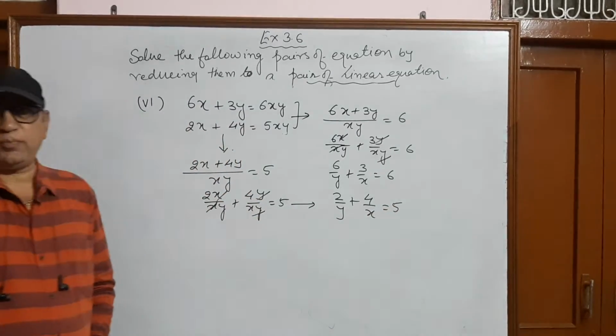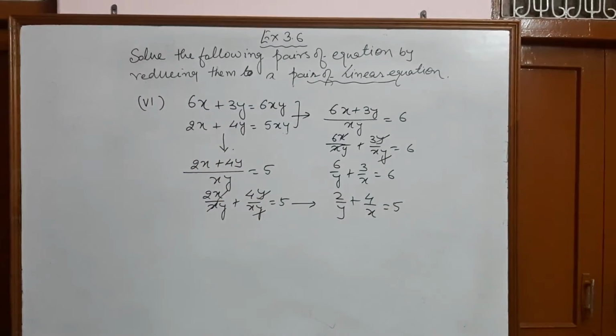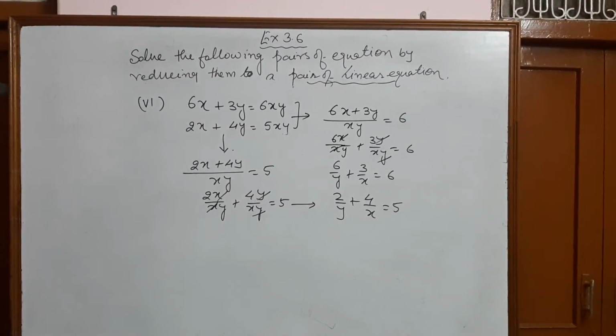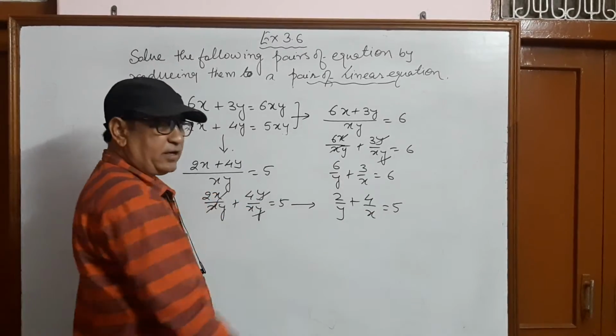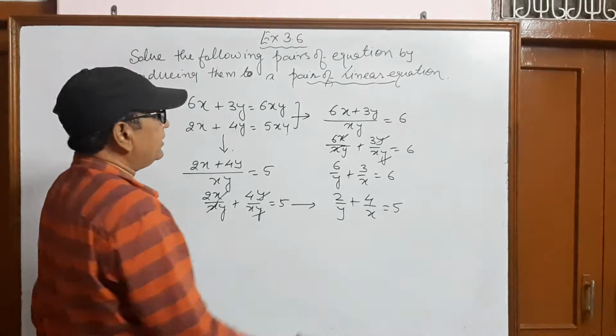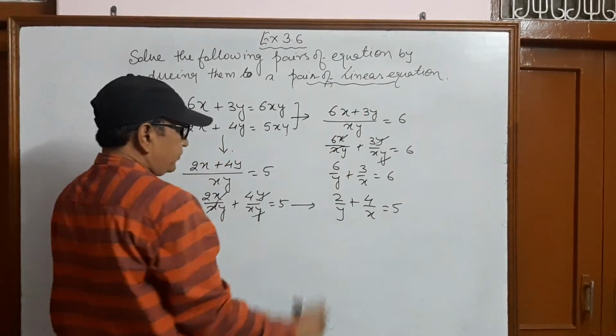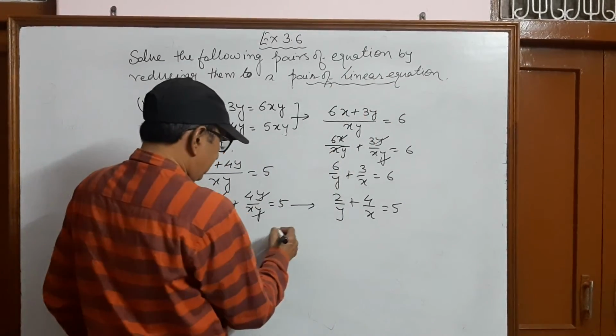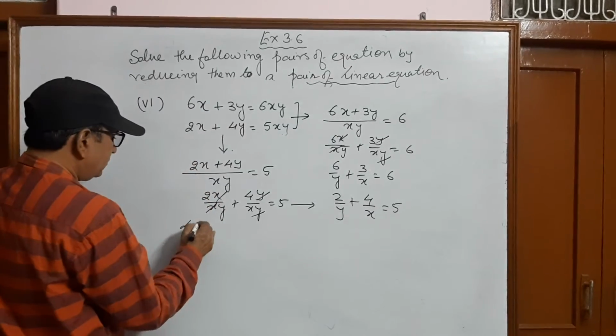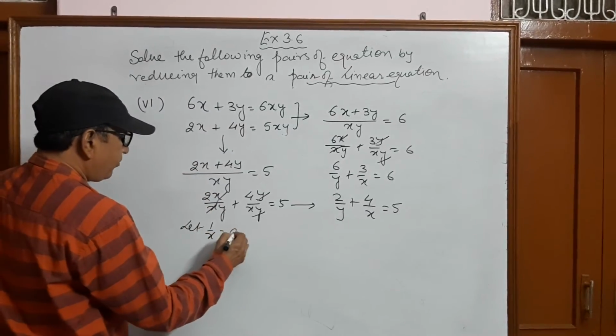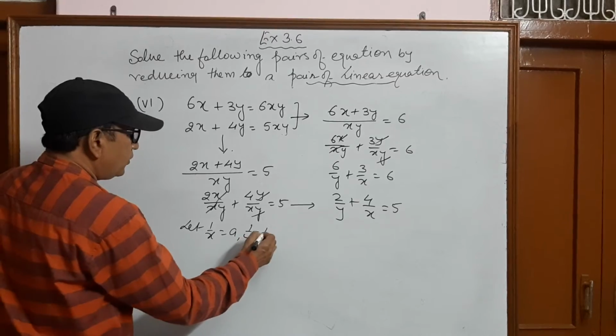Now this question becomes like the first question. When the denominator is given in fractions, you have to convert it once again into a pair of linear equations. So let 1 by x equal a and 1 upon y equal b.